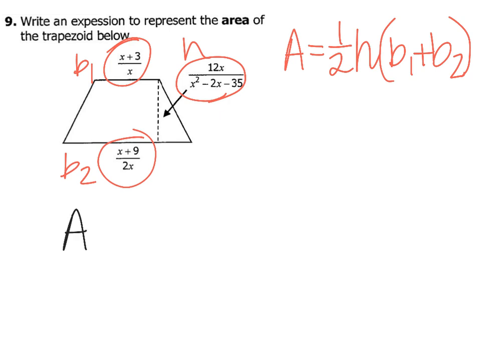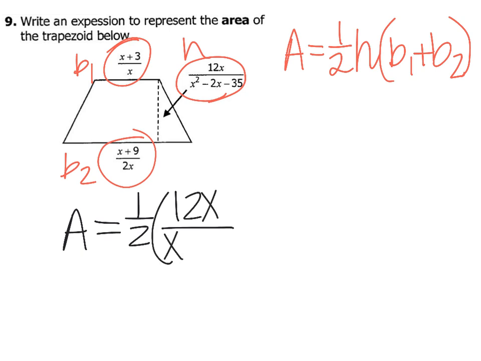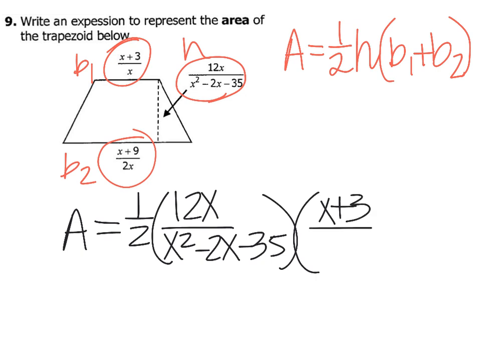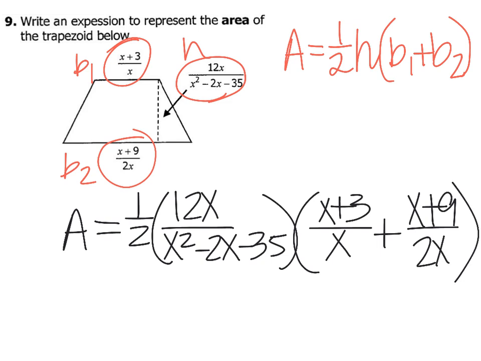Okay? Then we're just going to plug them into our formula. So area equals 1/2 times our height, which is 12x over x squared minus 2x minus 35, times the sum of our bases. So we've got x plus 3 over x plus 9 over 2x. All right, now looking at the sum of our bases, we can't add them together until they have common denominators.